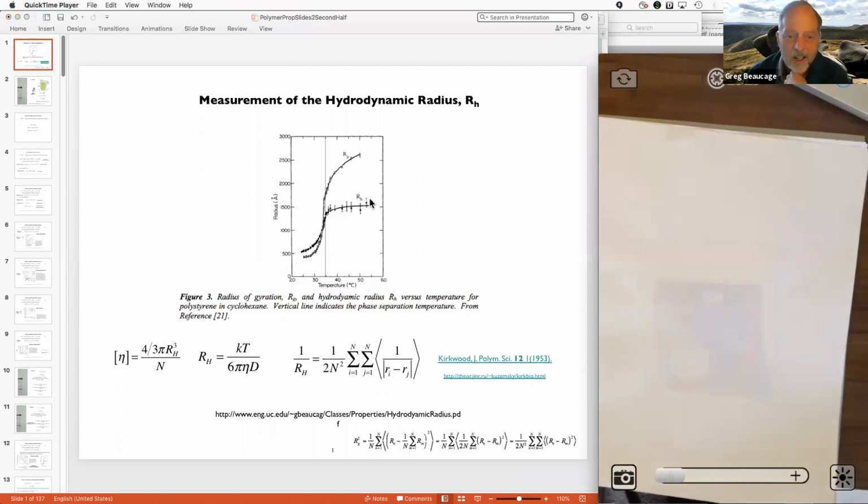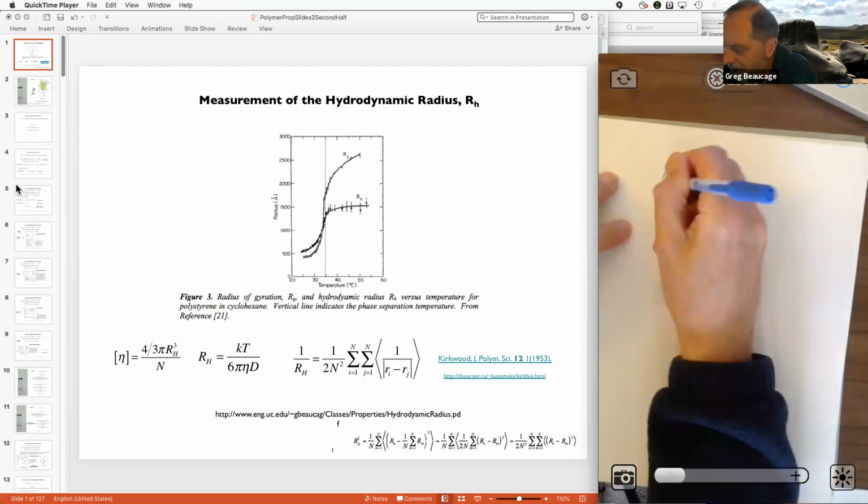so we know that the hydrodynamic radius is different than the radius of gyration. So we talked about that already. Basically, for a sphere, this hydrodynamic radius is going to equal the radius of the sphere.